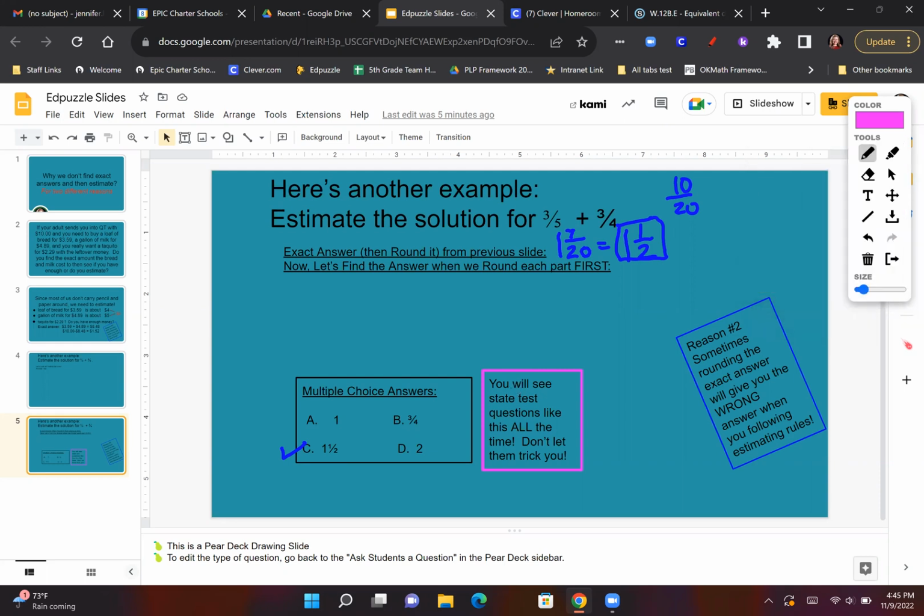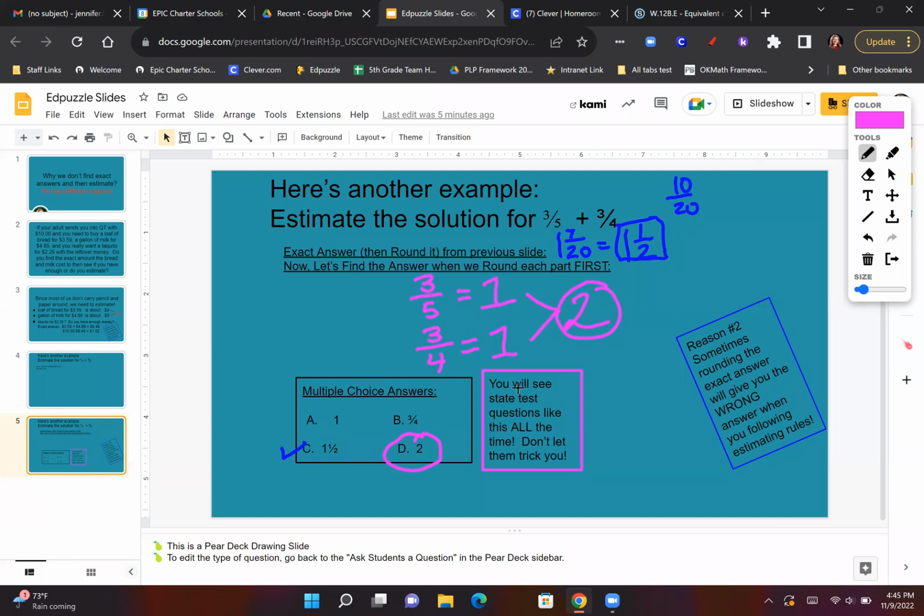And I'm going to take 3/5 and 3/4, and I will round them. And I can tell by looking that 3/5 is going to round up to 1 whole. 3/4 is also going to round up to 1 whole. And together we have 2, which is a completely different answer at the bottom. Okay.